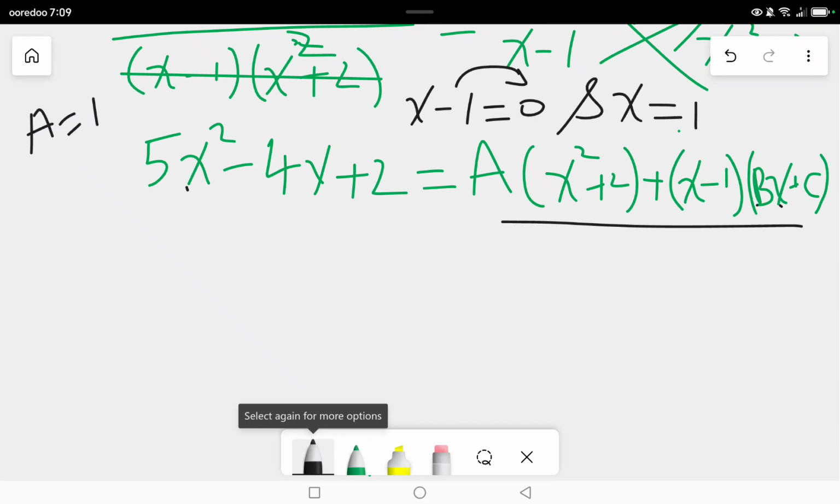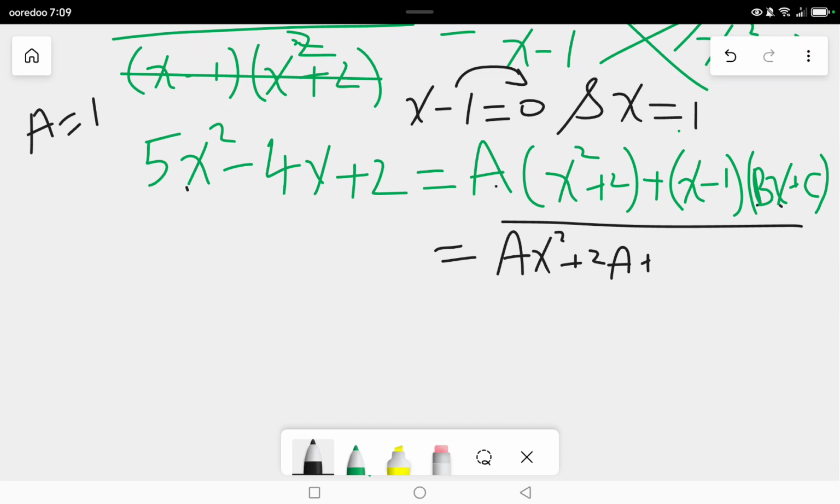So from here we will simplify. a multiply x square is a x square. a multiply 2 is 2a, plus x multiply bx, so that will be b x square. x multiply c, cx.